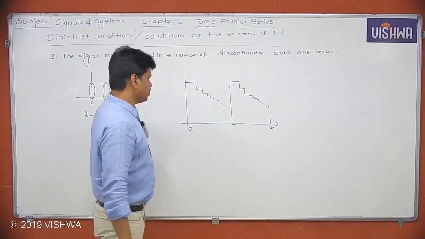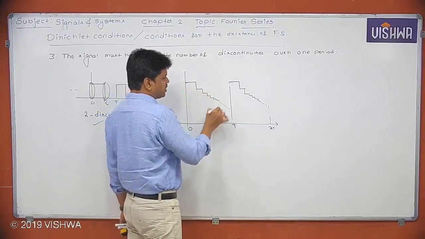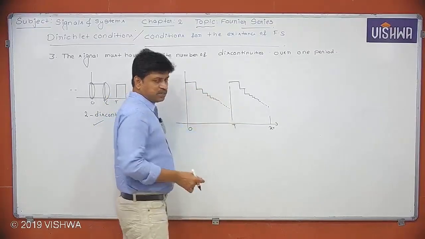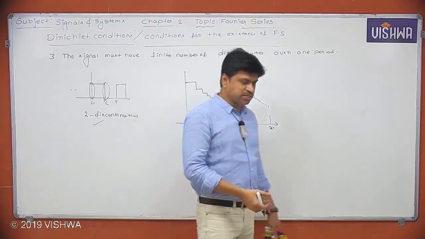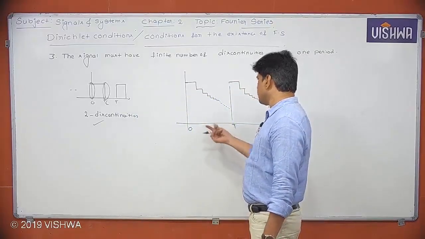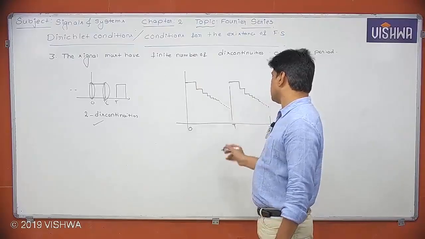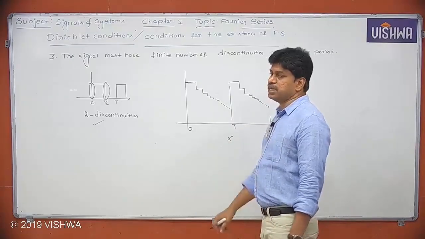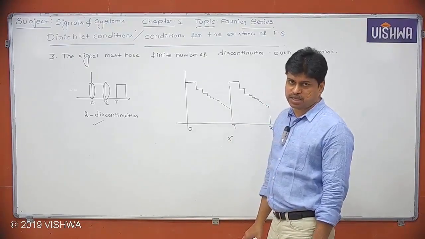If you observe carefully, the step size keeps decreasing. So how many steps do we have? Infinite steps. That means how many discontinuities are there? Infinite discontinuities. So even though it is a periodic signal and it is repeating, I cannot write the Fourier series for it because it has an infinite number of discontinuities.